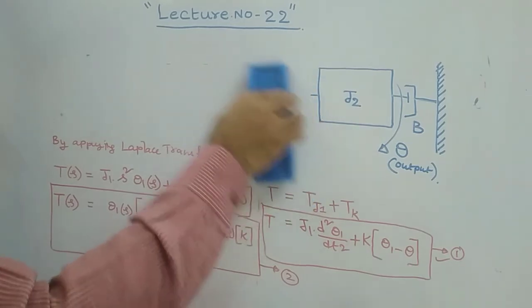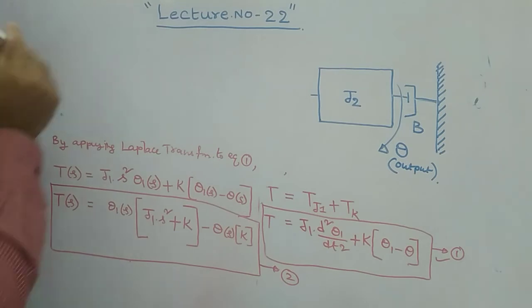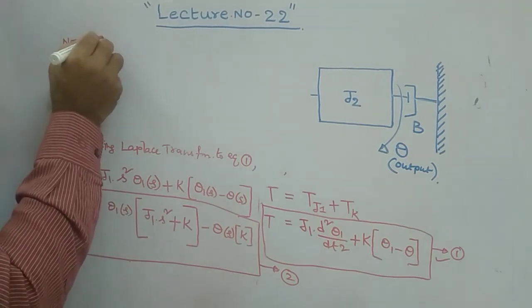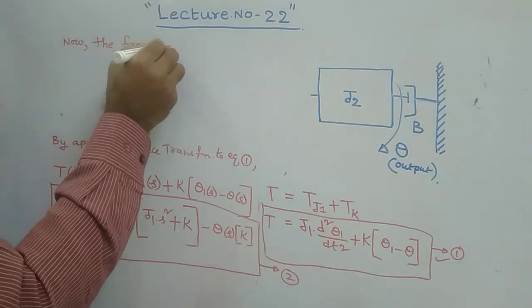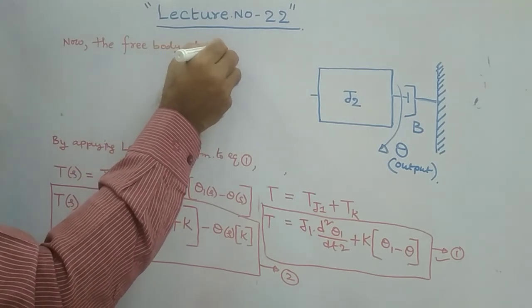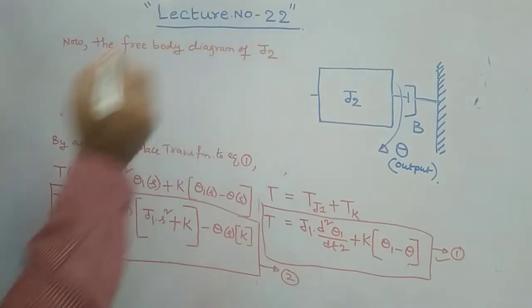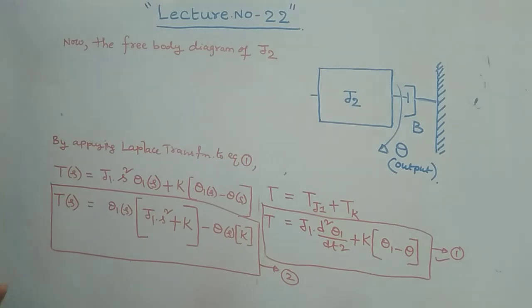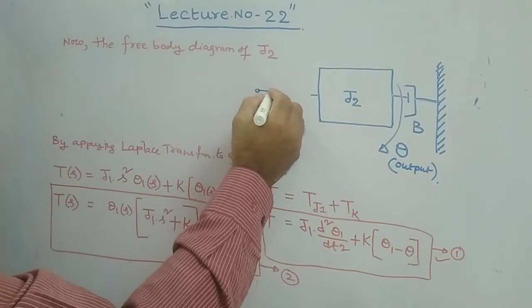So, draw the free body diagram of J2. You can directly write the expression. Here K is there, I mean common K.